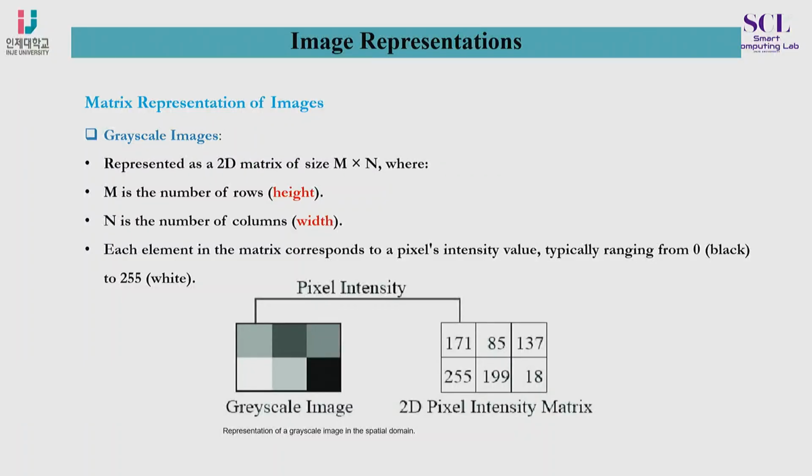And how can we represent the images? A 2D image is M by N, where M is the number of rows, showing the height, and N is the number of columns, showing the width.